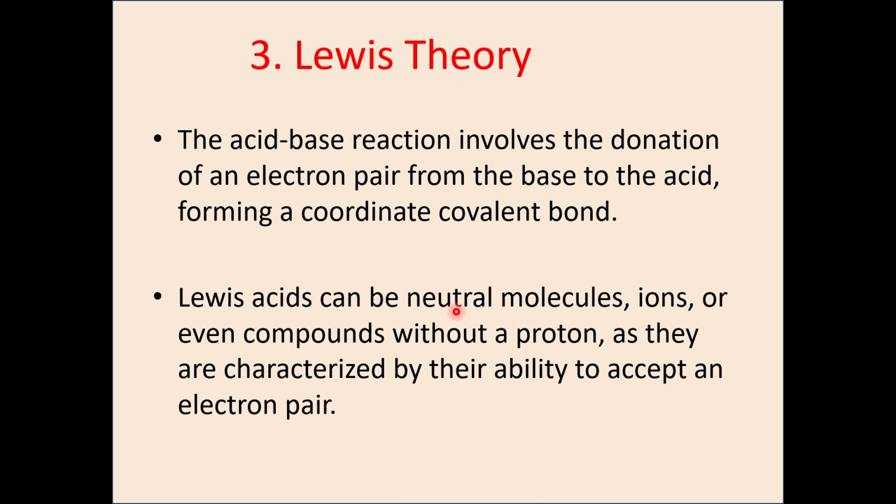A Lewis acid can be a neutral molecule, an ion, or even a compound without a proton, because it has to accept a pair of electrons. Since an acid is characterized by the ability to accept an electron pair, it might be a molecule, ion, or compound.